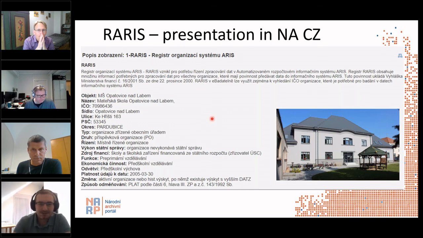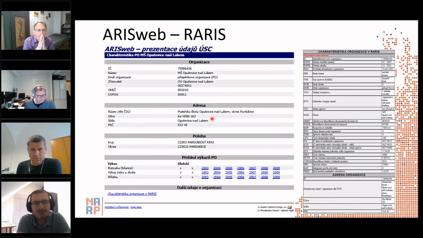And it's followed by the output from the website of Archives Web. This is the same kindergarten, same data, and there is only the possibility to get to the financial reports which are available for this institution.